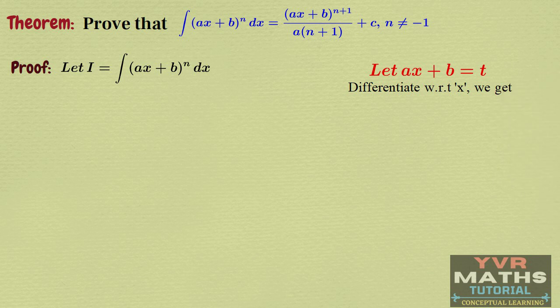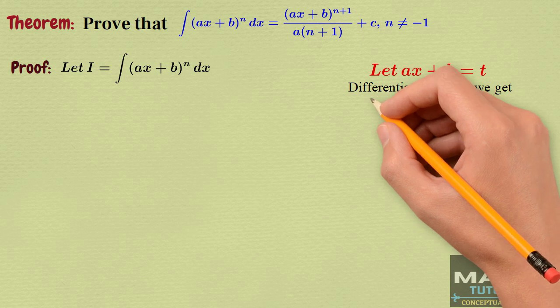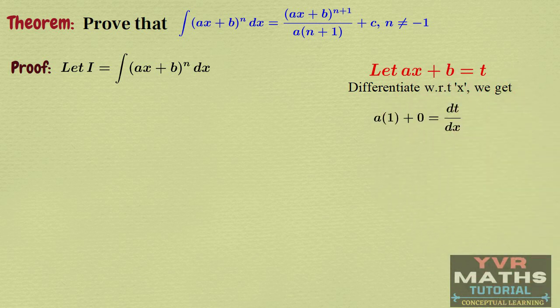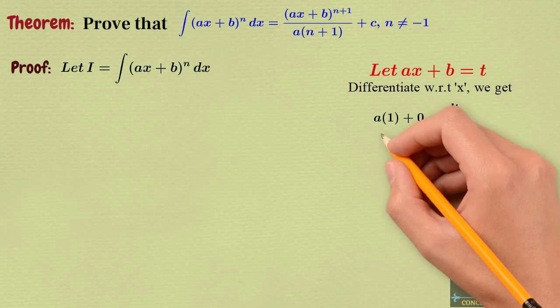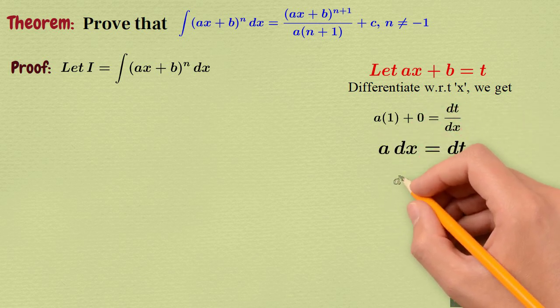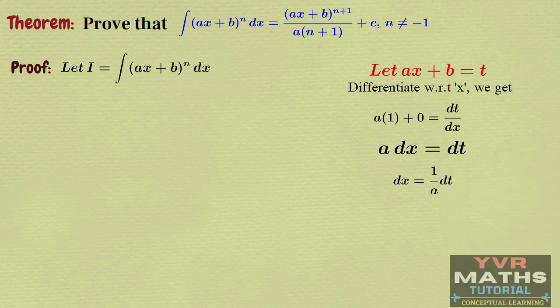Then what we will get? a into derivative of x, 1, plus b is constant, derivative 0, is equal to derivative of t, dt by dx. So the next step is a into 1 plus 0 is equal to dt by dx. If you cross multiply, a dx is equal to dt. Then dx is equal to 1 by a dt.